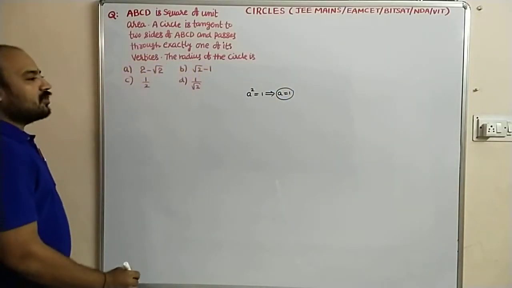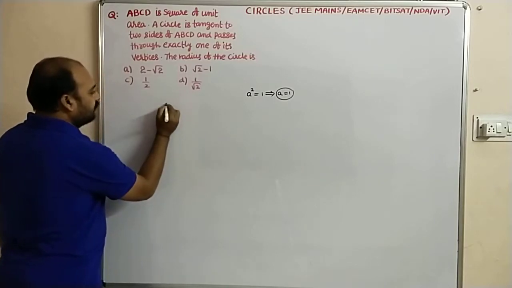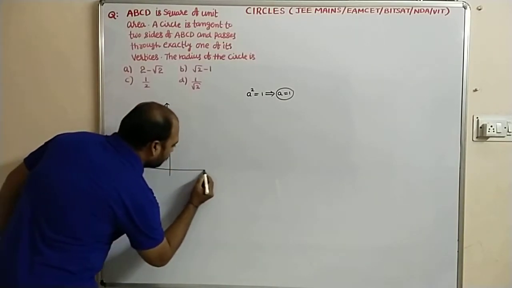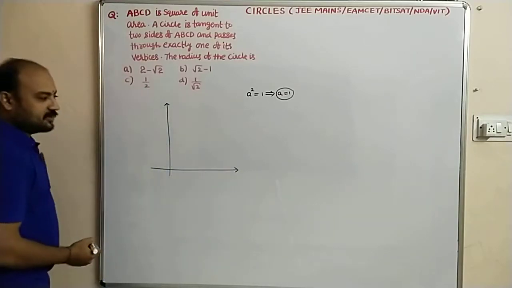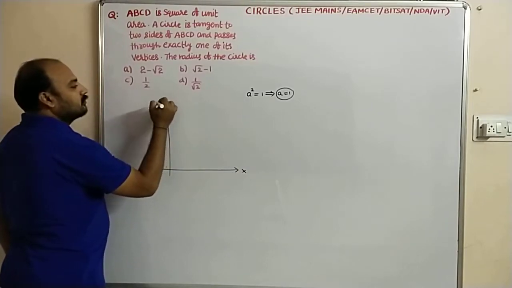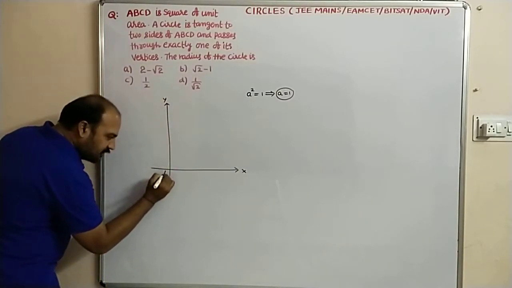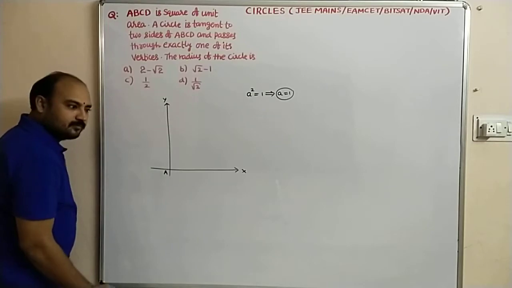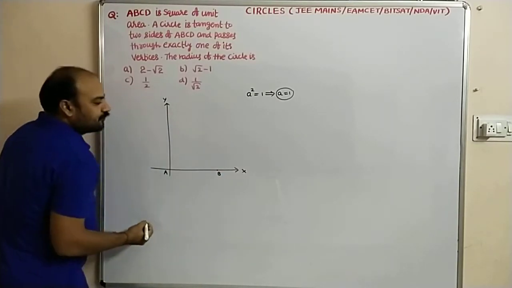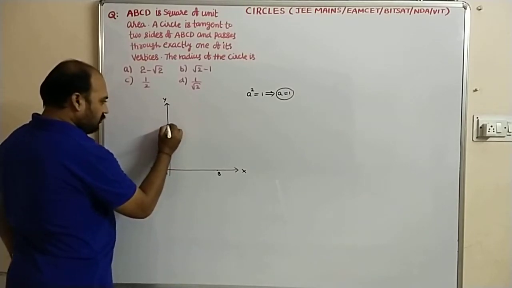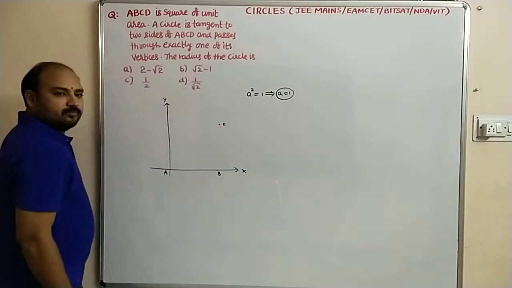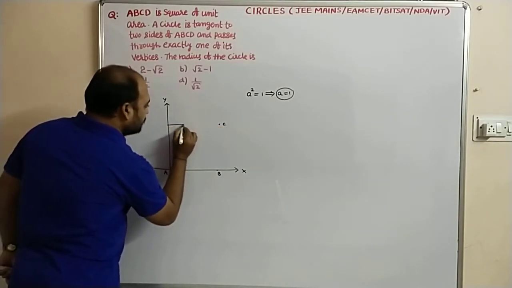So first you have to draw the diagram of a square. I am considering a coordinate system. Here the point is A, I am taking that, and here I am taking the point B, and here... join these.